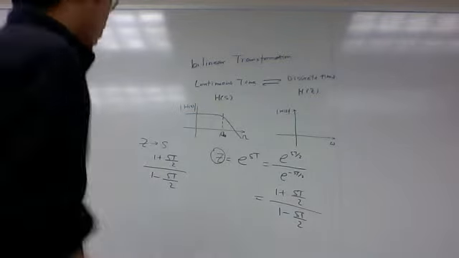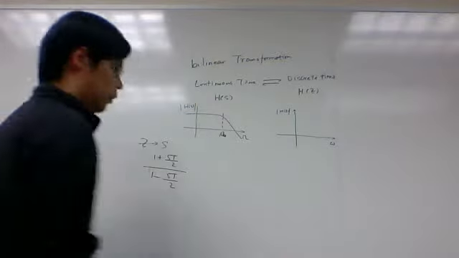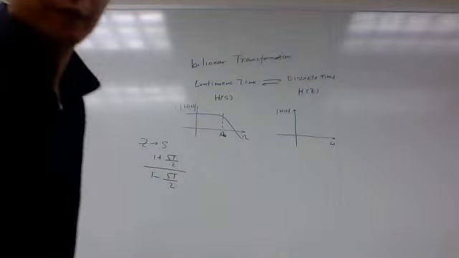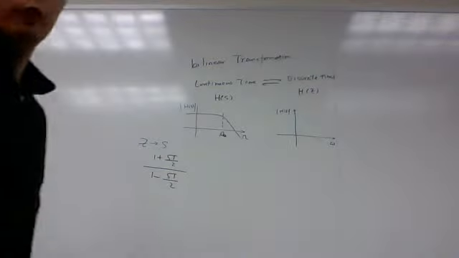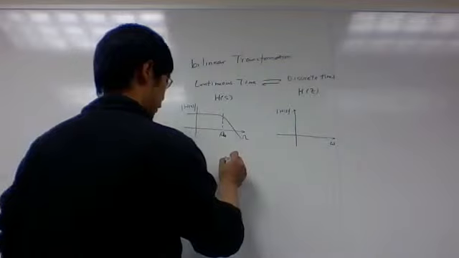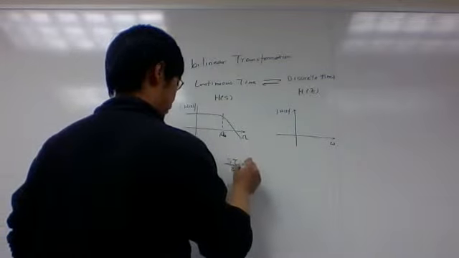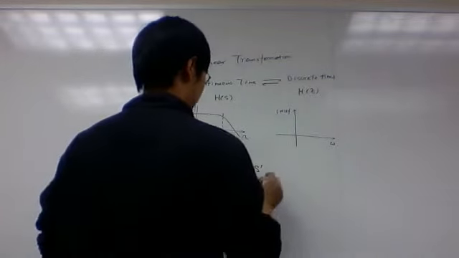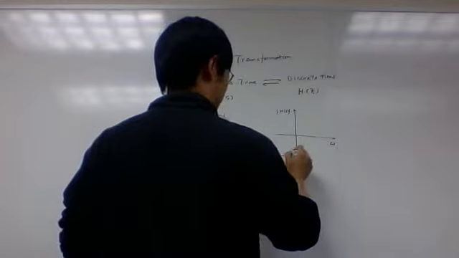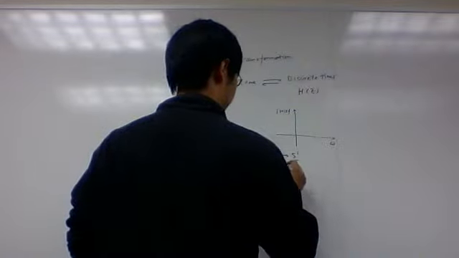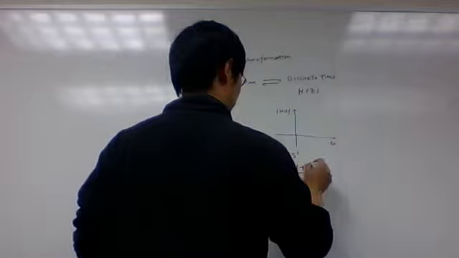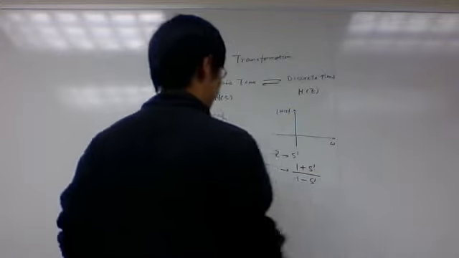For a fixed system, where the sampling rate is fixed, we denote this as s prime. So basically, z is equal to 1 plus s prime over 1 minus s prime.